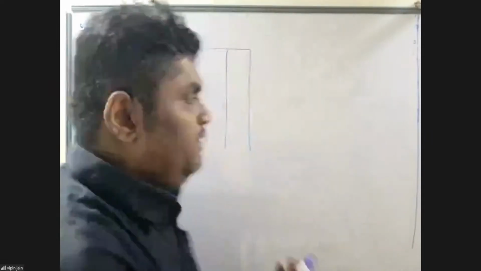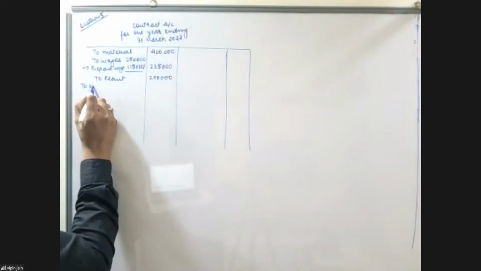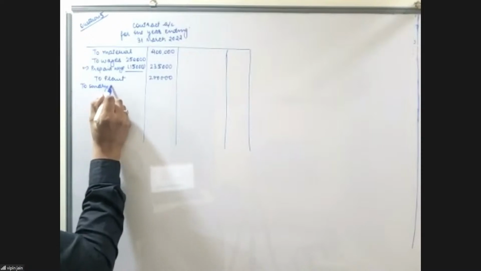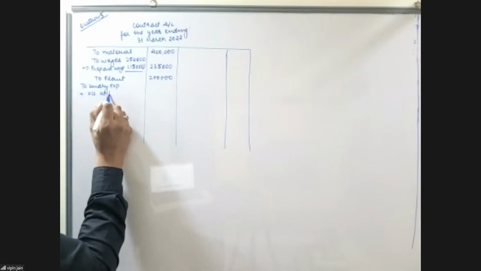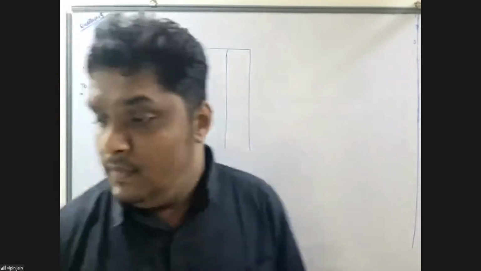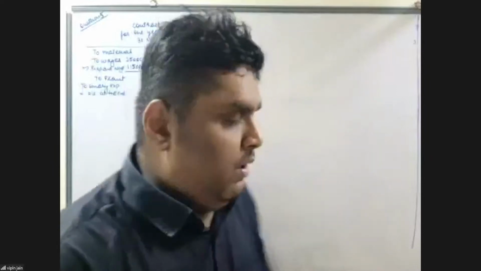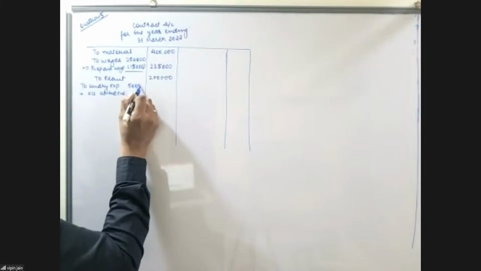Further, sundry expenses and outstanding at the year end is given. That is 50,000 and 7,500.